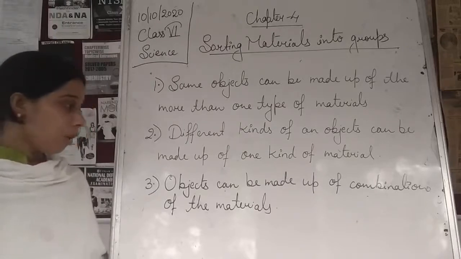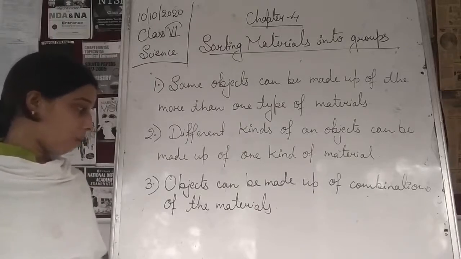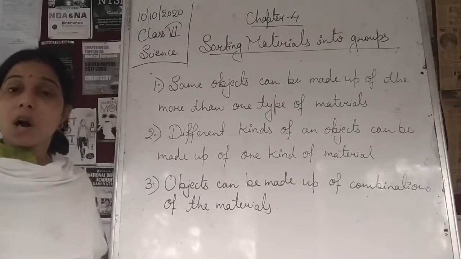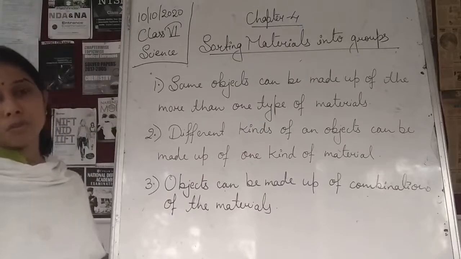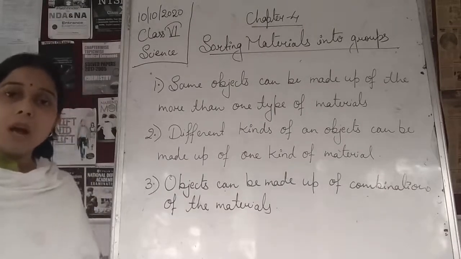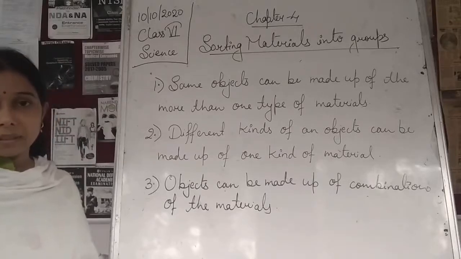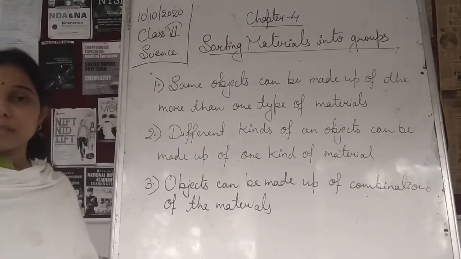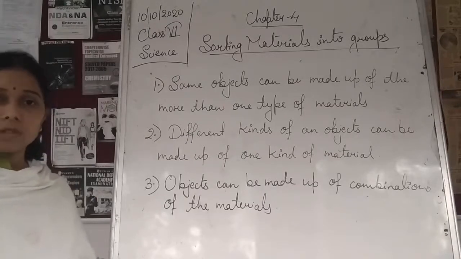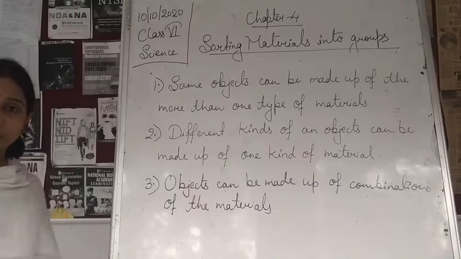So combination of the materials can also result in the formation of an object. Now materials can be of two types, student: the natural material or the man-made material. Okay, natural material which is present around us, which is a part of nature, and man-made which is prepared by human beings. Okay.